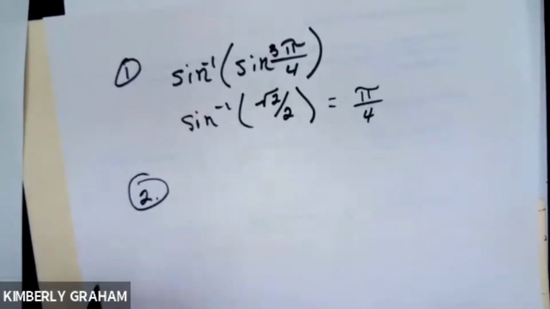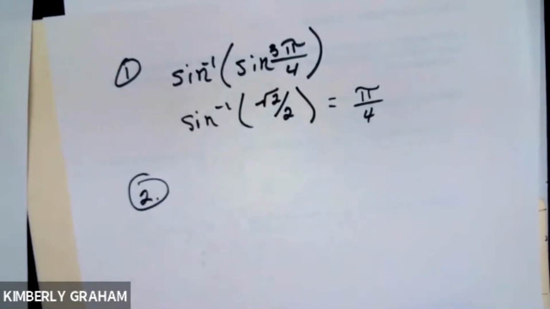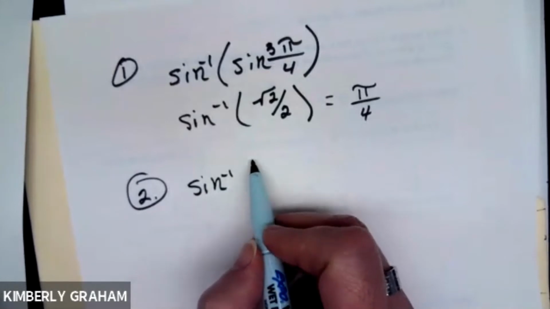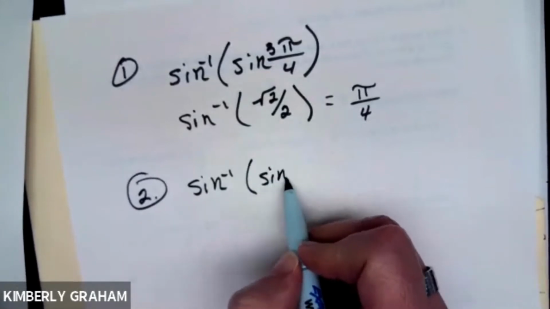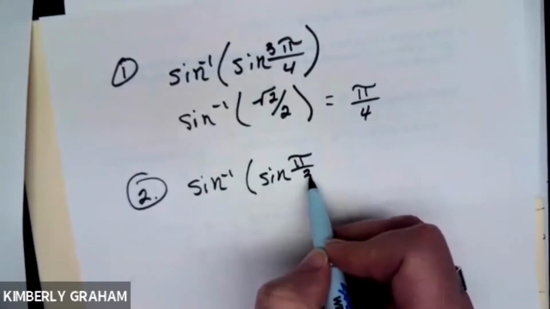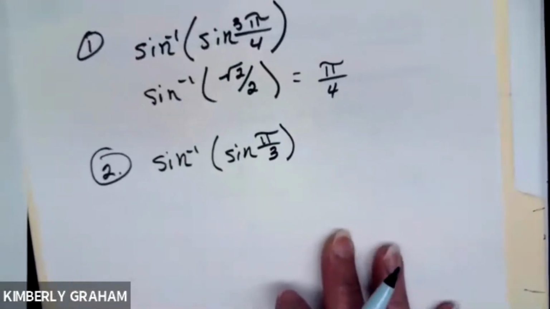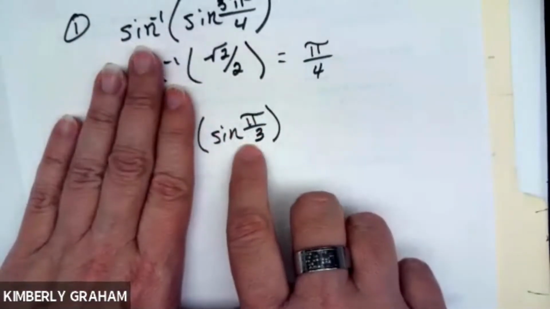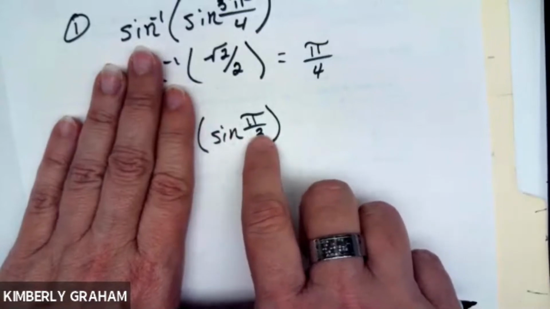Okay, problem 2. Sine inverse of sine 5 pi over 3. Again, I need to start off here with this inner part, finding the sine of 5 pi over 3.